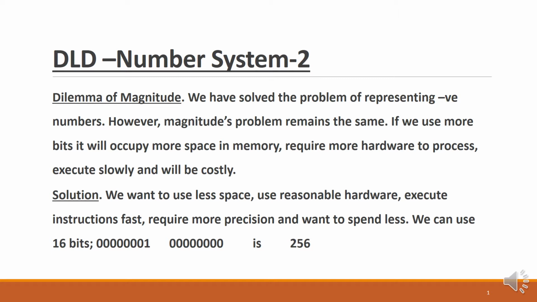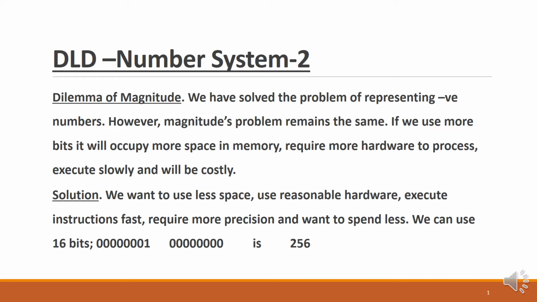If you use more bits, obviously it will occupy more space in memory, require more hardware to process, execute slowly, and it will cost more. And that is basically against our philosophy of more speed and less cost.